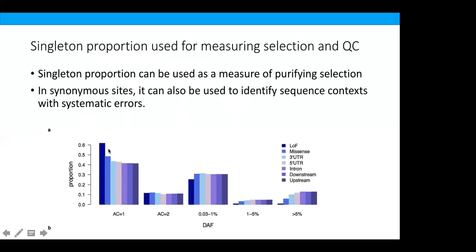So we'll see more singleton loss of functions and fewer common ones. And if you look at a synonymous site or a class of variation that's less damaging or under lower purifying selection, the singleton proportion as a proportion of the whole variant frequency spectrum will be lower.